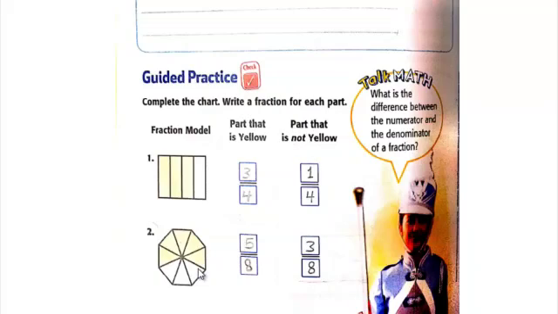So here, how many parts are not yellow? 1, 2, 3. 3 parts. That's called the numerator and that's called the denominator. Okay? When you read this fraction, you will say 3/8, as 3 is a plural number consisting of 3 parts. 1, 2, 3.